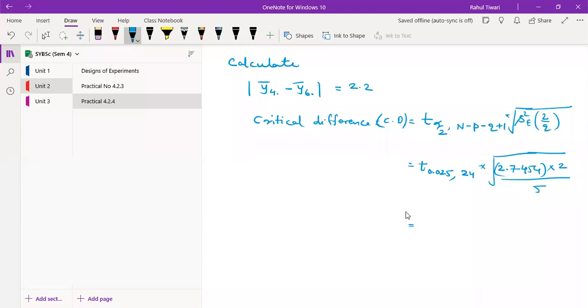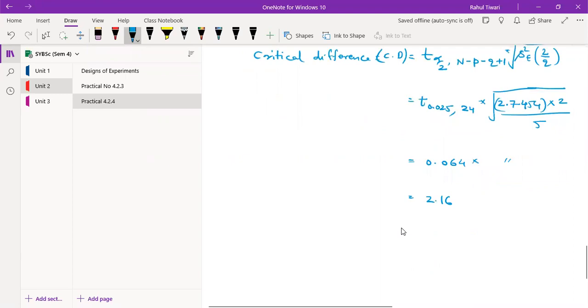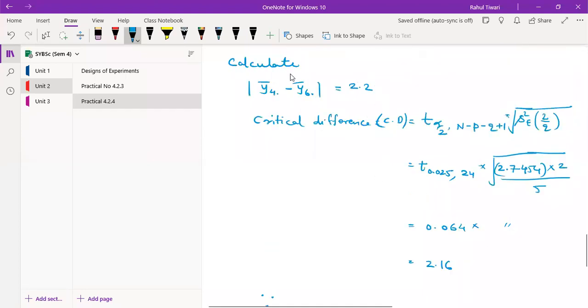So I think this value turns out to be 0.064. Just use this calculator. Using the calculator, you may get this answer as 2.61. And hence, one can say that since, you can look at this value, 2.2, which is the value of your difference, will be greater than CD.